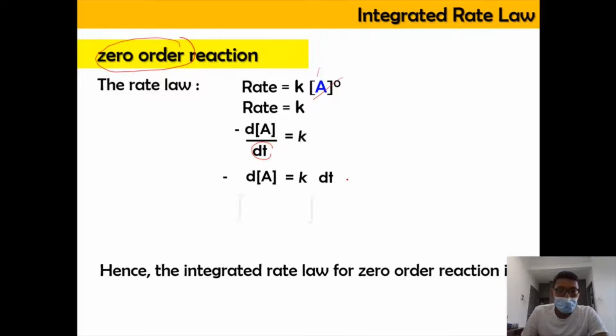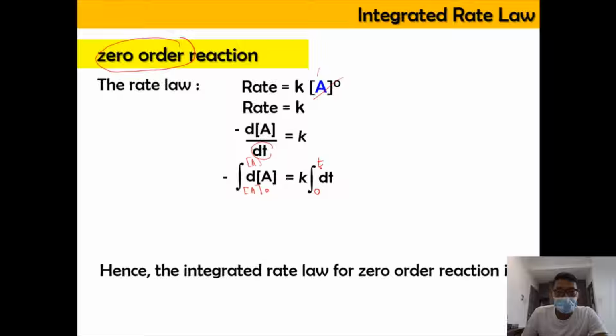Once you do that, you integrate both sides from 0 to a certain time t, and the concentration goes from A initial, which is A0, to A at time t.